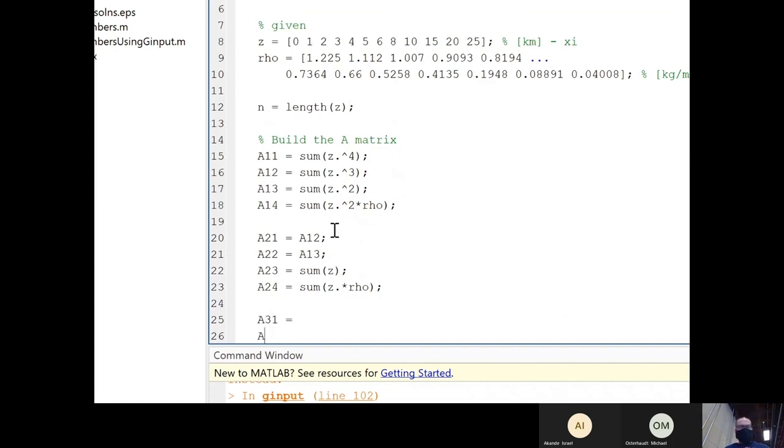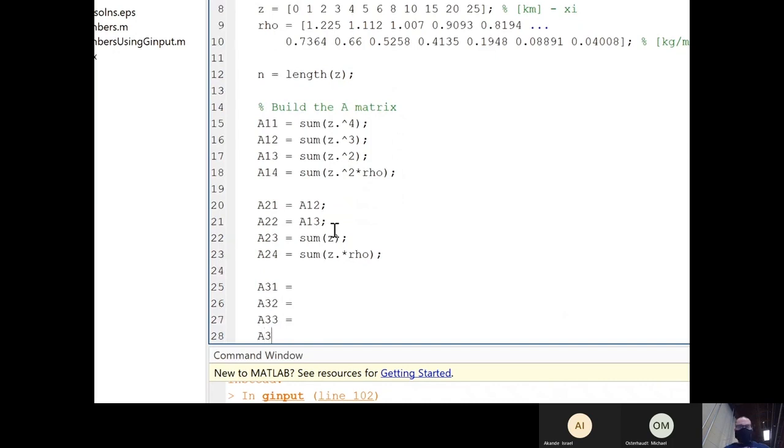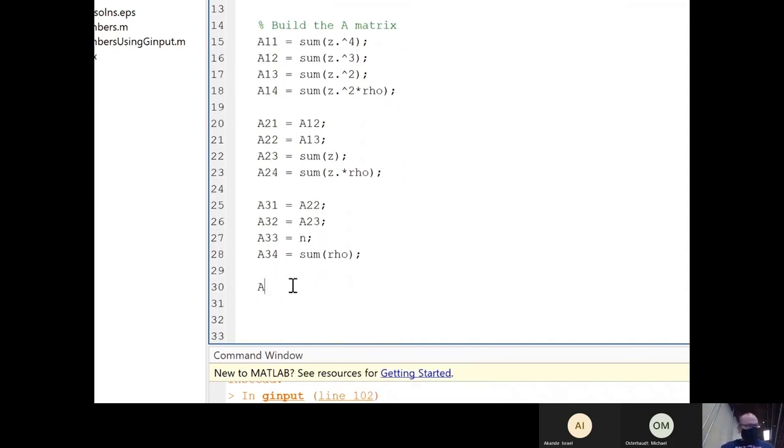A31, A32, A33. Then I think we need A34. I think this one is the same as A22, A23, and summation of rho.